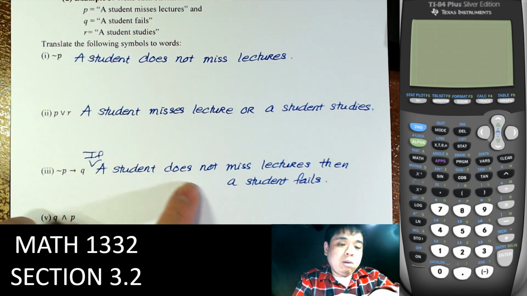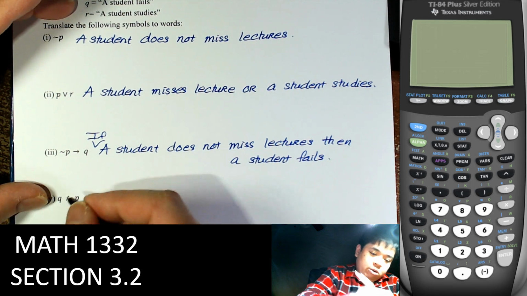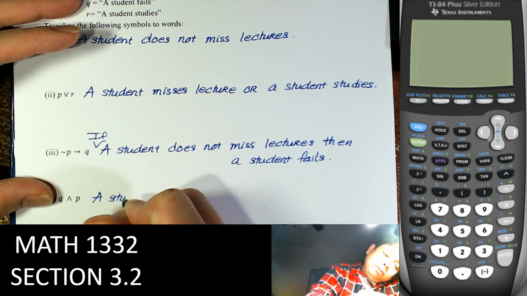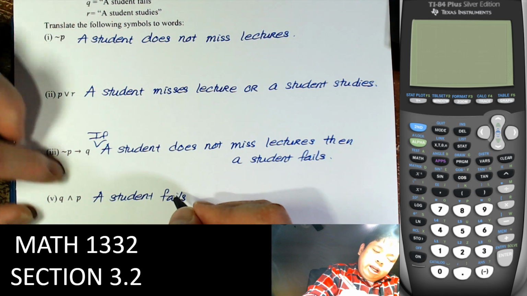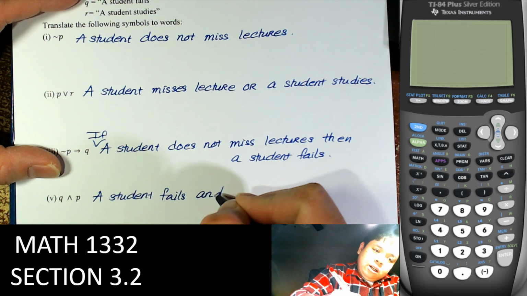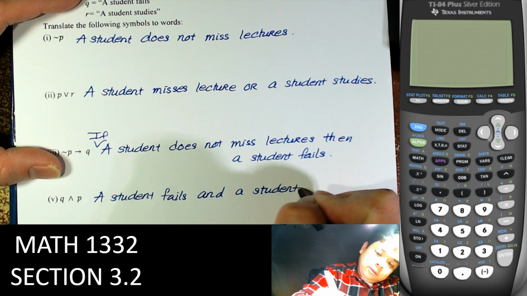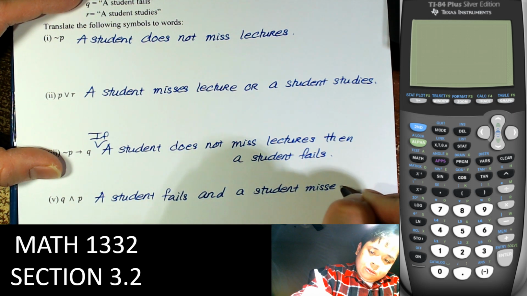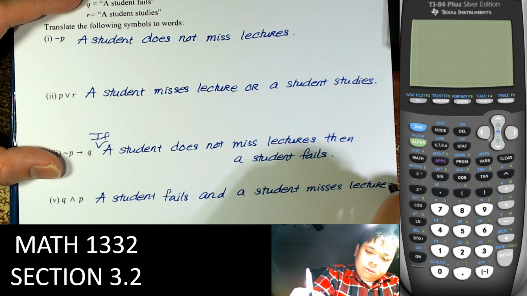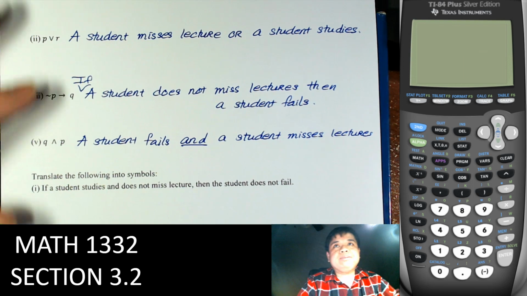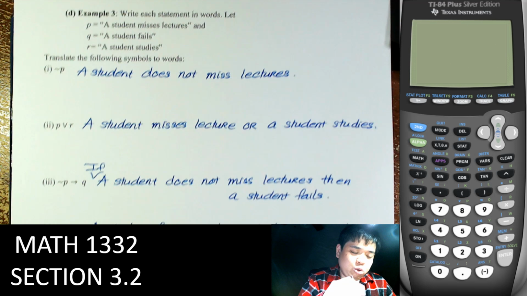So if not P, then Q. Next, Q and P, straightforward. A student fails, that's Q, and then the "and," a student misses lecture. And the "and" is the wedge. Very straightforward.